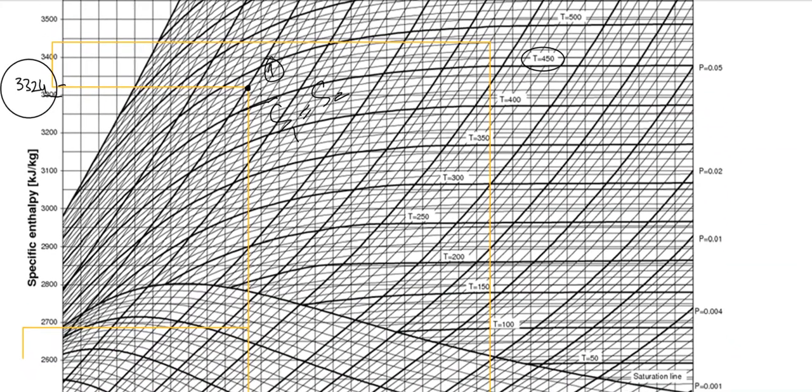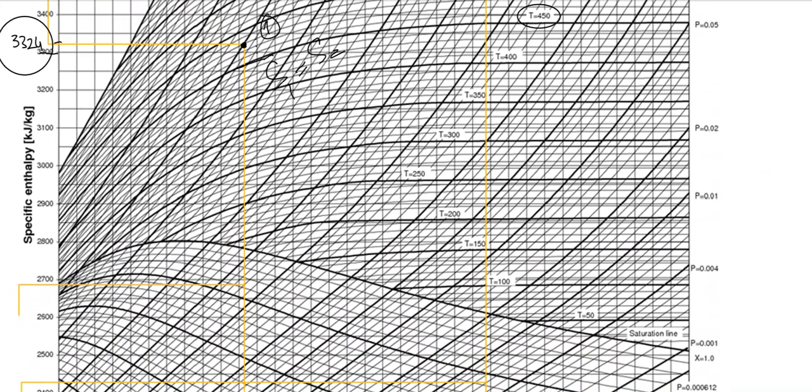So this line is 0.7 megapascal, and entropy is the same. Just dropping the entropy from this point to this point, sorry for the line actually. So entropy dropping from state 1 to state 2, I have got the point which coincides at 0.7 megapascal.